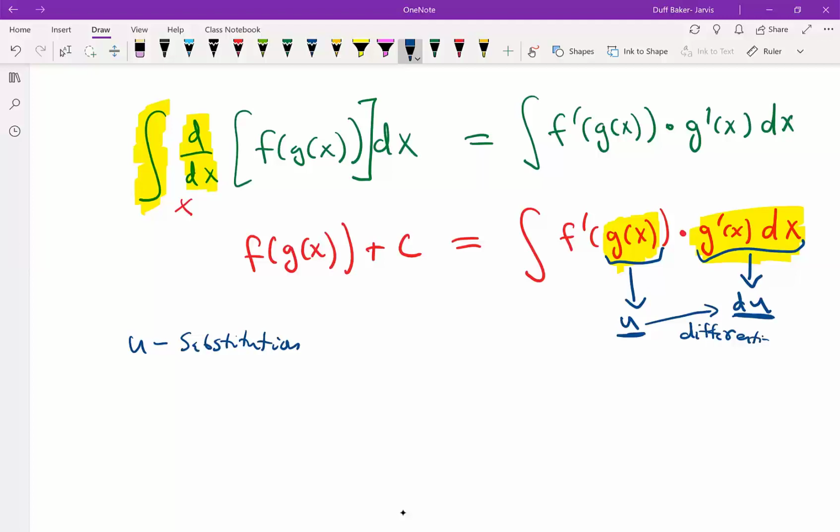If you remember back, we briefly talked about differentials. All it meant was you take the derivative and then multiply by dx.